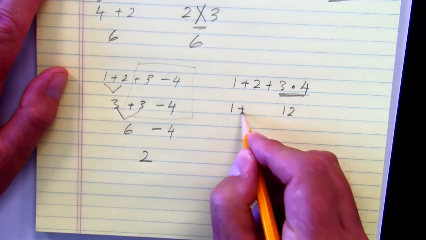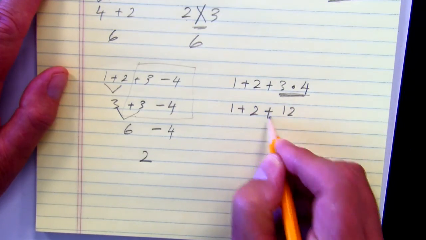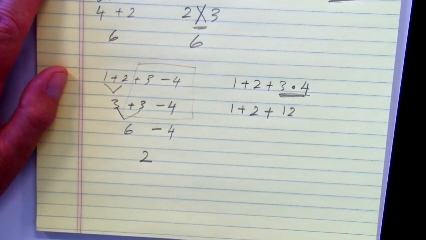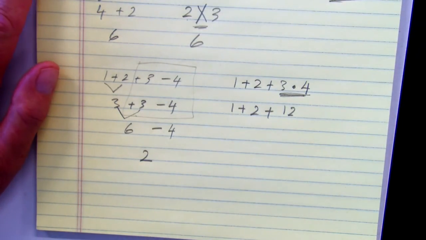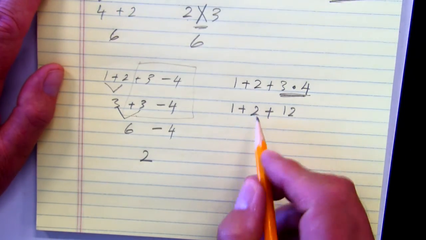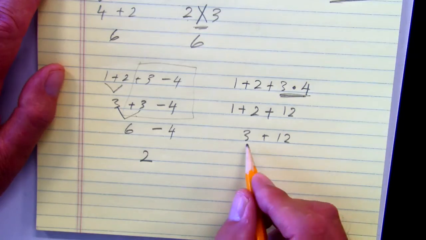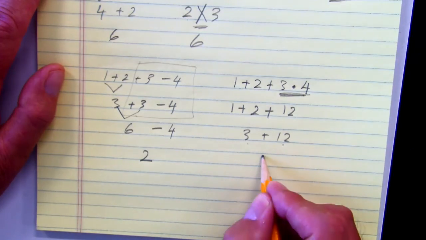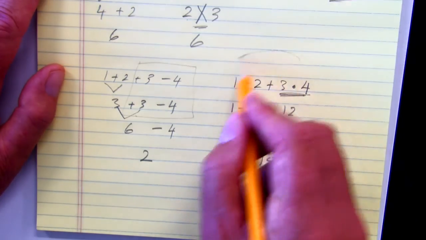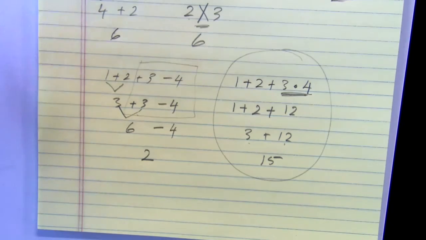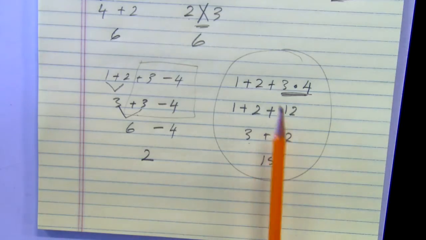Now we write the rest of it down very carefully. And now that we've got only addition left, or addition and subtraction, we'll work left to right. 1 and 2 are 3. 3 plus 12 are 15. Do you see how this is done? So work left to right, but do your multiplication first.